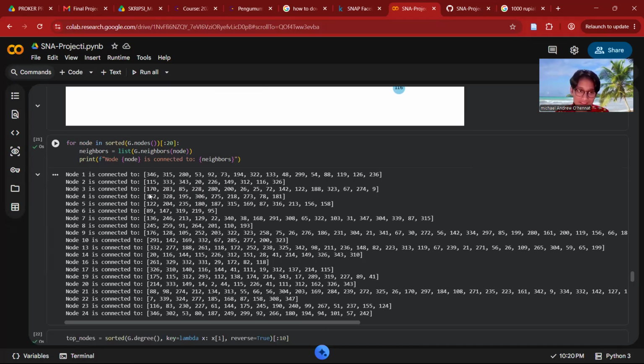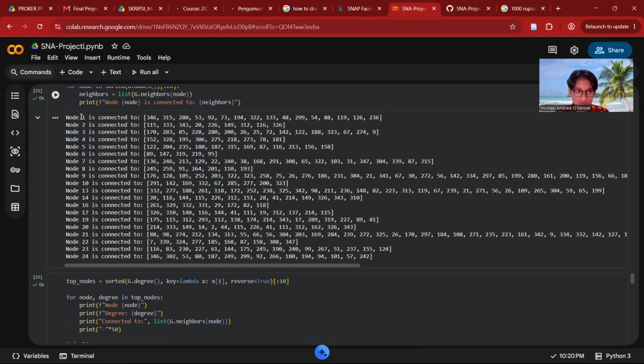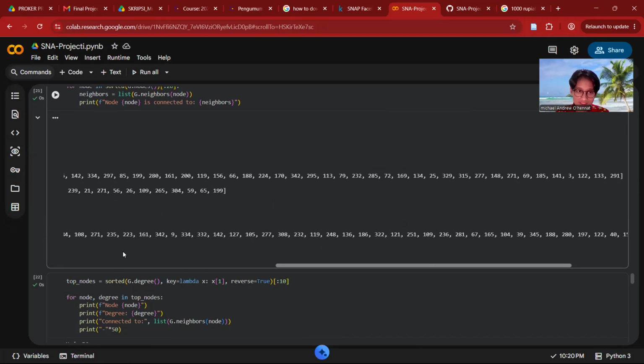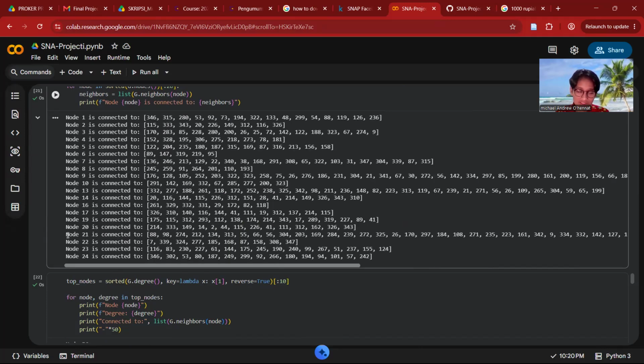So we can see that each node from node number one to node number 24 has its own connections. And we can see the largest connection is achieved by node number 21, and the lowest is achieved by node number 6.